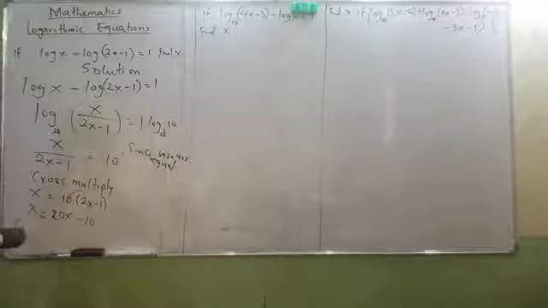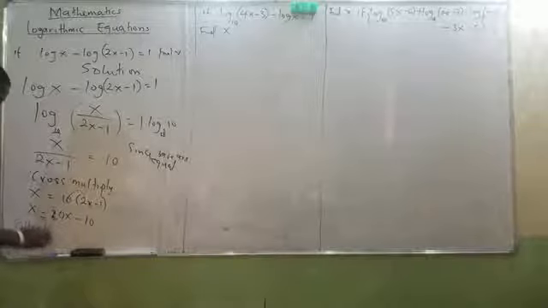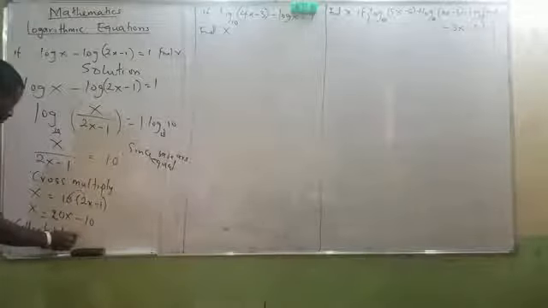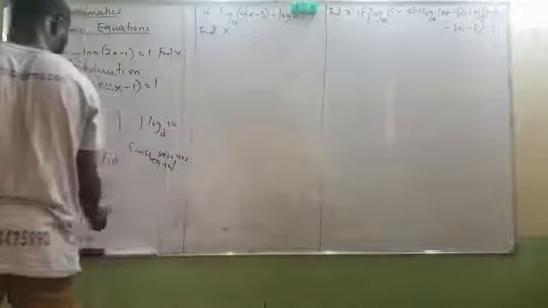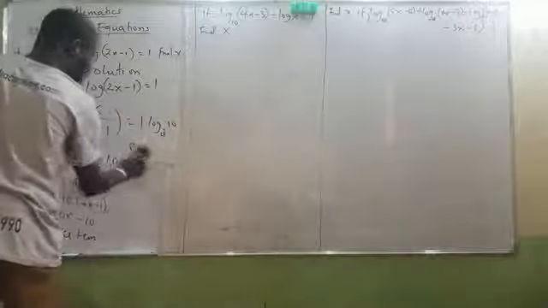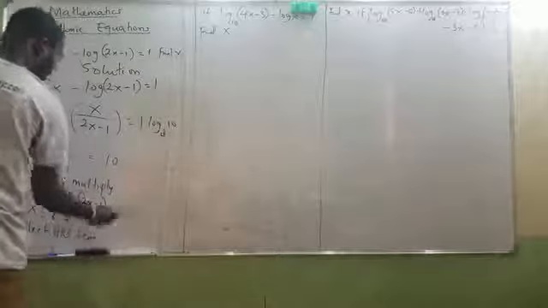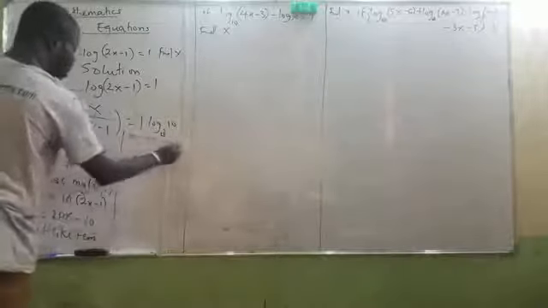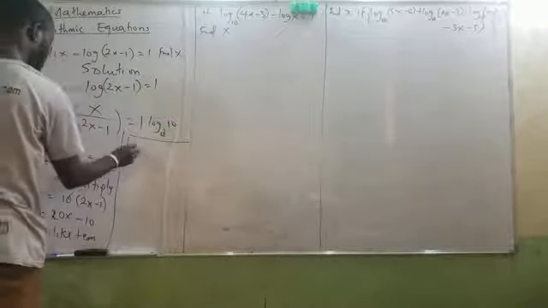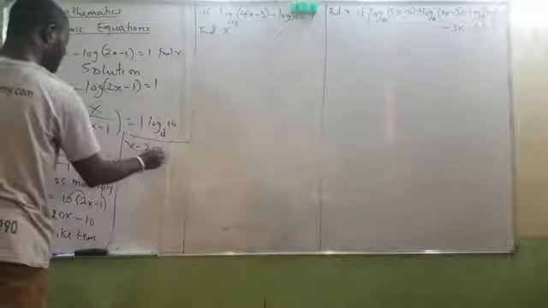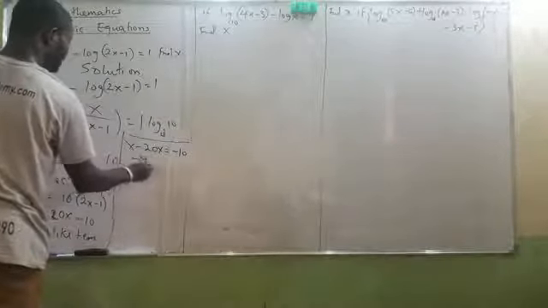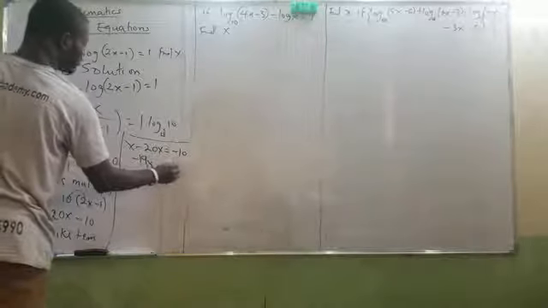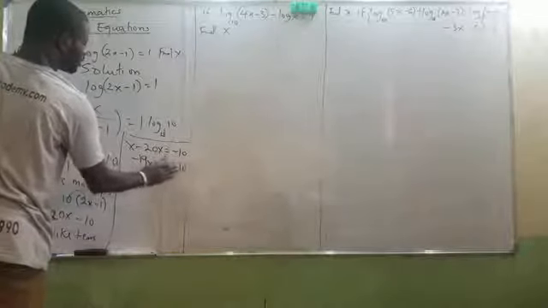Now we collect like terms. I will be having x minus 20x equals minus 10, which is 19x equals 10 with the signs making it minus 19x equals minus 10.